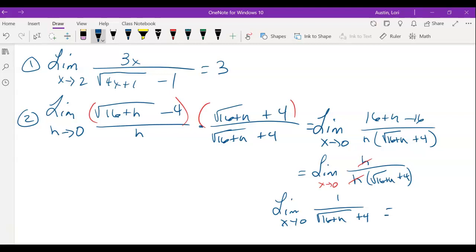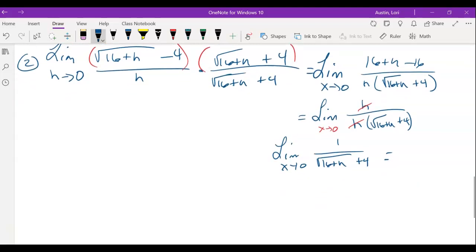Can I evaluate it now? Well, we're going to plug in this number and see. What happens when I plug in 0 now for h?